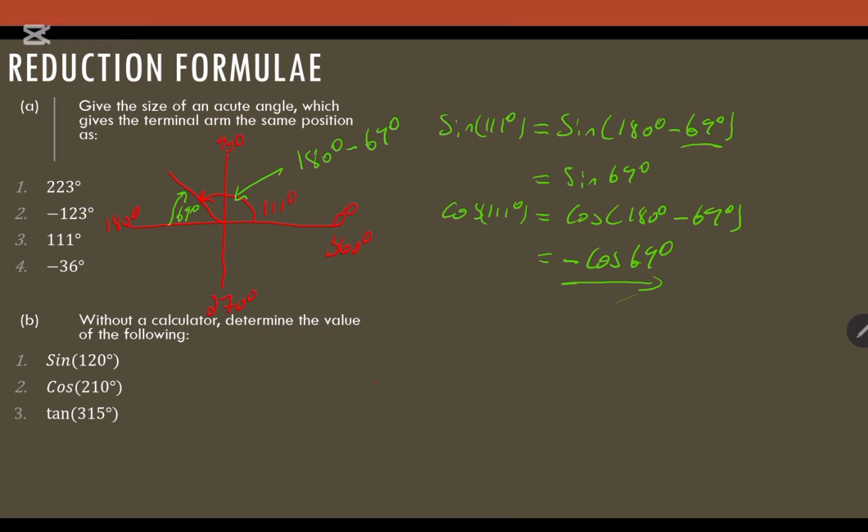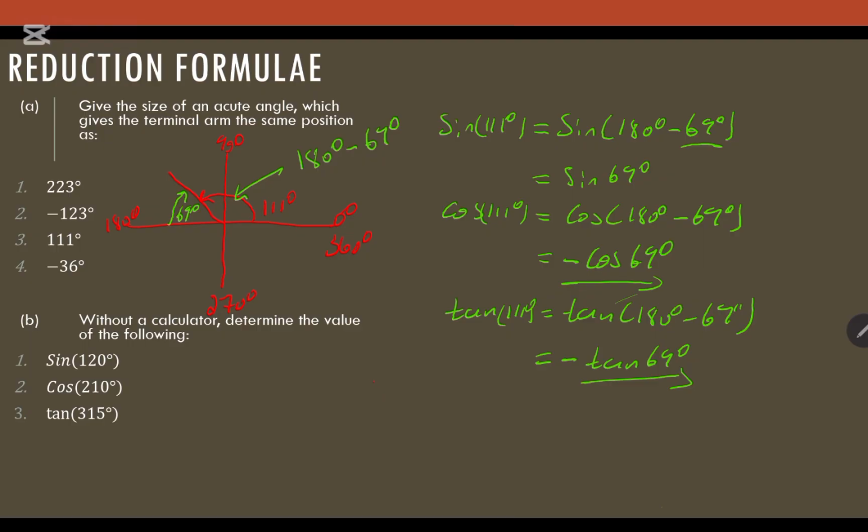So this will be the reduced angle. Lastly, we look at tan of 111 degrees. This can be expressed as tan of 180 degrees minus 69 degrees. So that leaves us with negative tan of 69 degrees. So that will be the reduced angle.